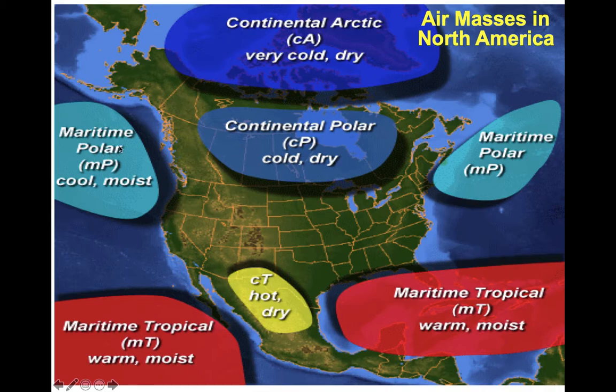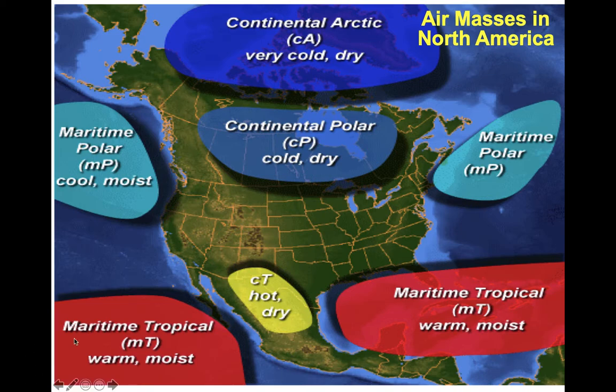Then we have the maritime polar air mass originated over the Pacific Ocean, actually over the Asian continent, and coming towards the east. This brings cool and very moist air to the continent. The opposite of that is the maritime tropical air mass. It is warm and moist.